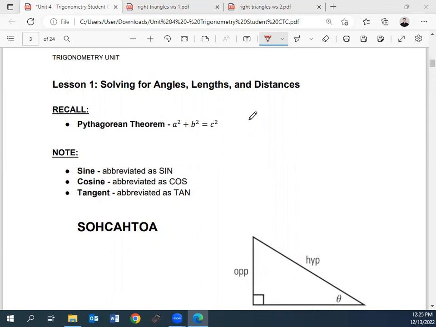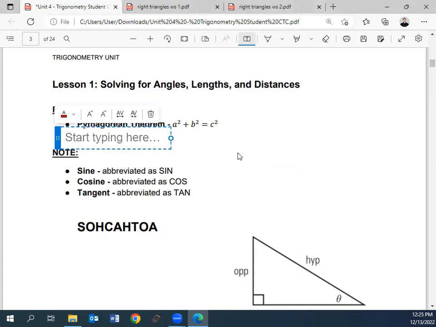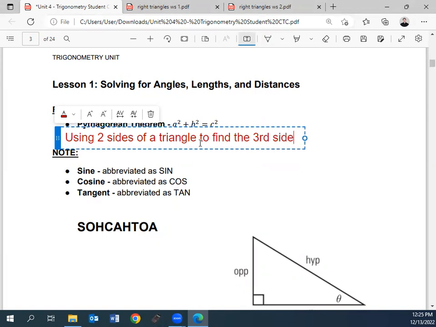Let's get started. All right, so you've seen this before, the Pythagorean theorem. Just as a really quick reminder, Pythagoras uses two sides of a triangle to find the third side.